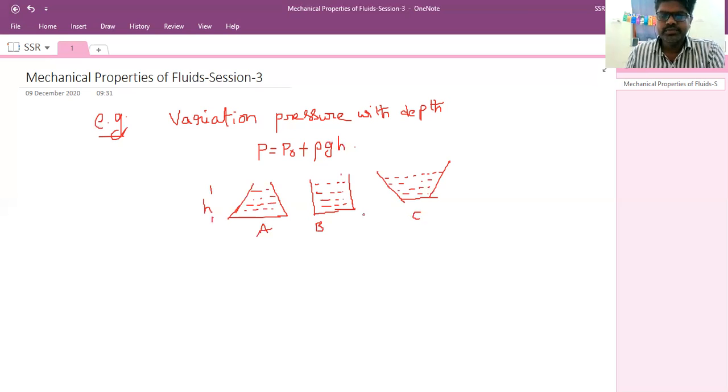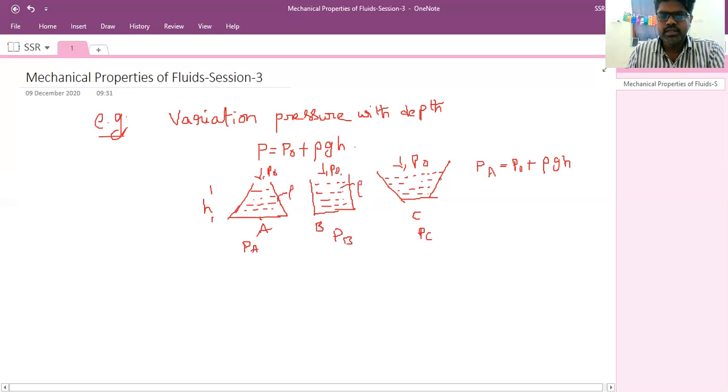So you can observe the pressure at the bottom of A, PA, pressure at the bottom of B, PB, pressure at the bottom of C, PC, due to this liquid. Above, we have P naught, atmospheric pressure, in all three. Then the pressure at A, PA is equal to P naught plus rho gh, where rho is the density.